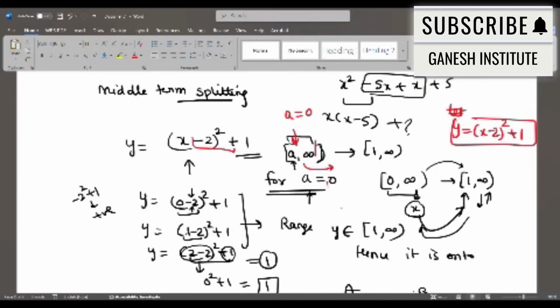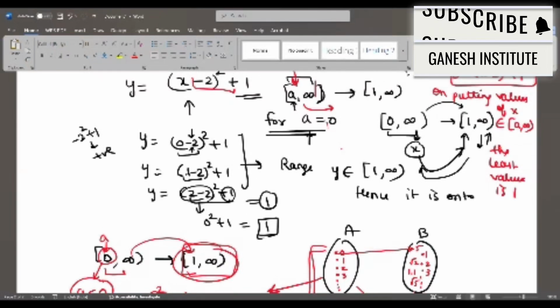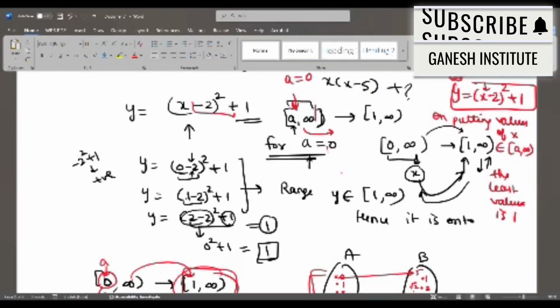On putting values of x belonging to 0 to infinity, the least value is 1, because if I substitute x as 2, it is giving me 2 minus 2, 0.